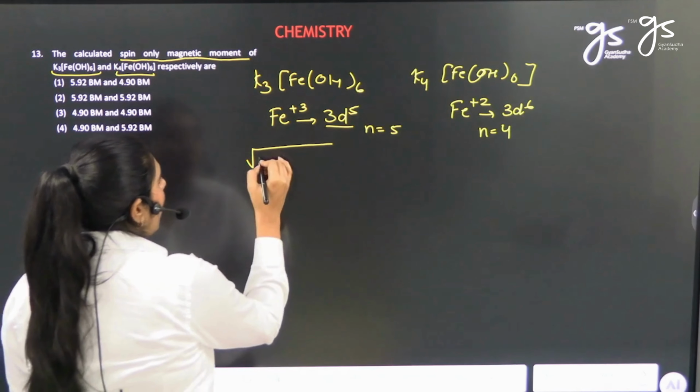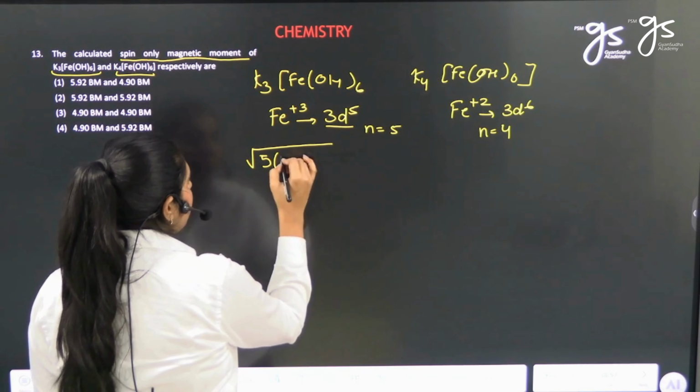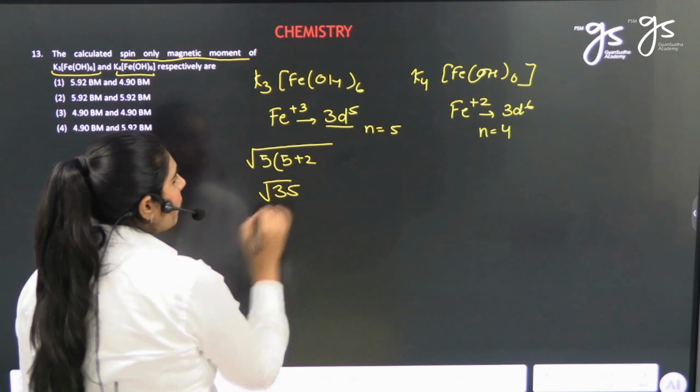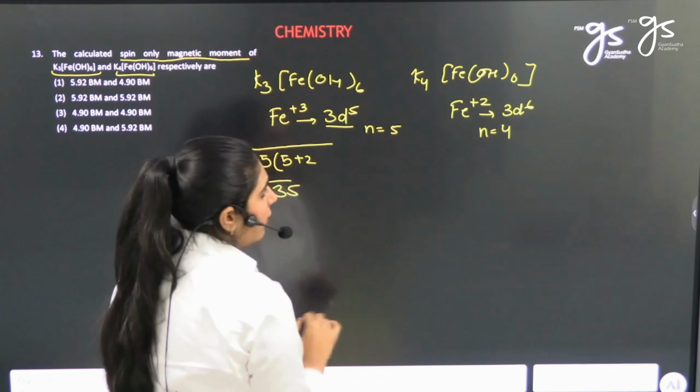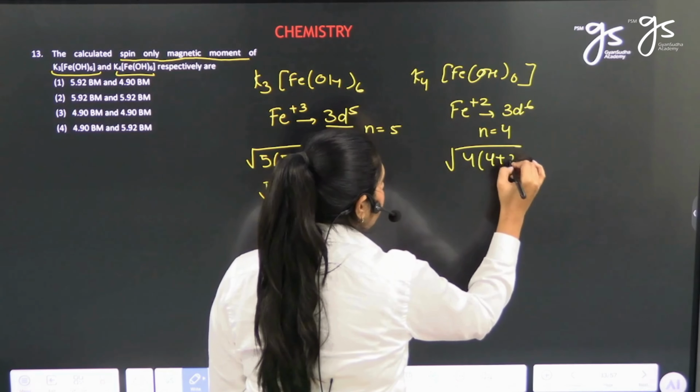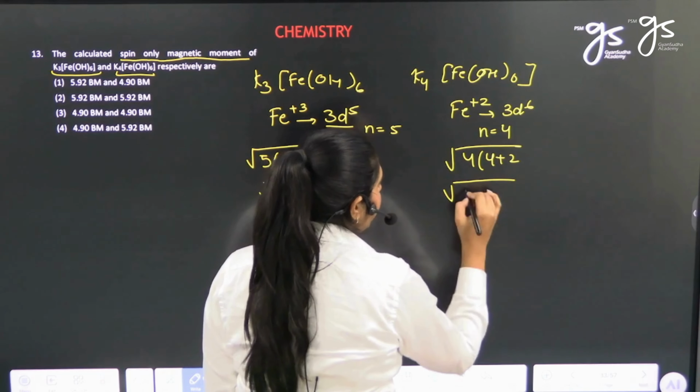So upon calculating, it will be √35. Now upon this, it will be √24.